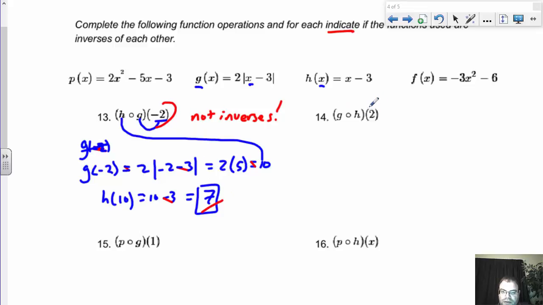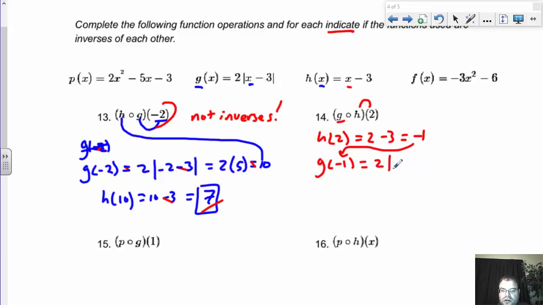We're going to plug in 2 into h on this one. So again, we have h of 2. We got 2 minus 3 now. That's going to give me -1. And that's going to go into the g. So we have g of -1 now. Remember, this is going to go this way, and that's going to go into this x.